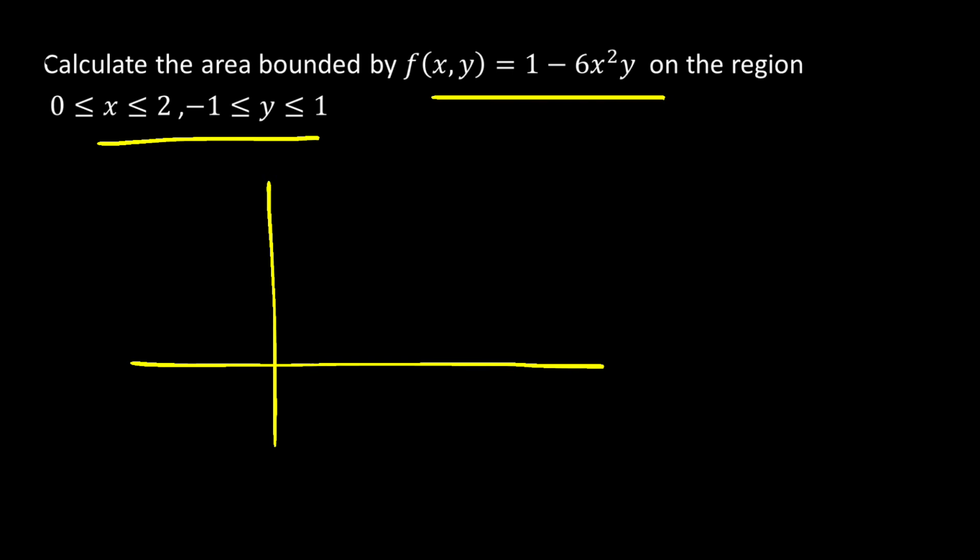We have the points 0, 1, 0, negative 1, 2, 1 and 2, negative 1.